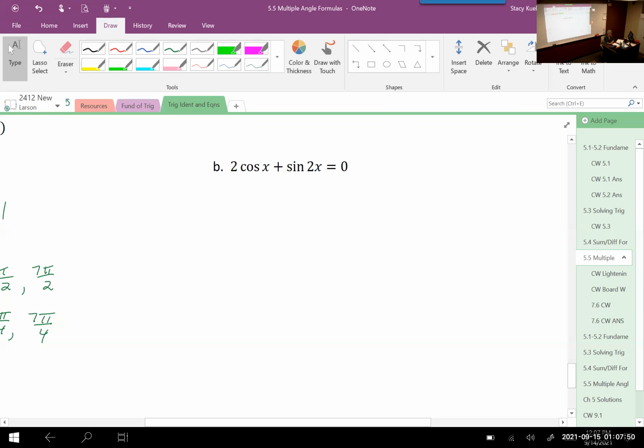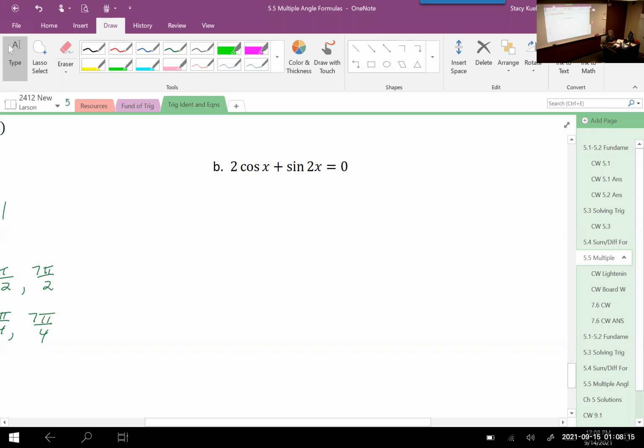2 cosine x plus sine 2x. So we can't set this equal to 0. I mean, we can't separate this out into the 2 terms that we have because we don't have factors, right? We have a sum, we have an addition sign going on here.